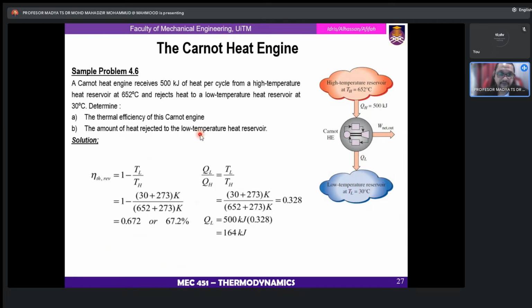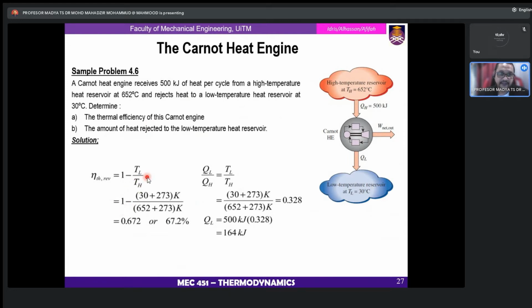To find the thermal efficiency of this Carnot heat engine, we use 1 minus TL over TH, because the problem wants you to find the thermal efficiency of the Carnot engine.